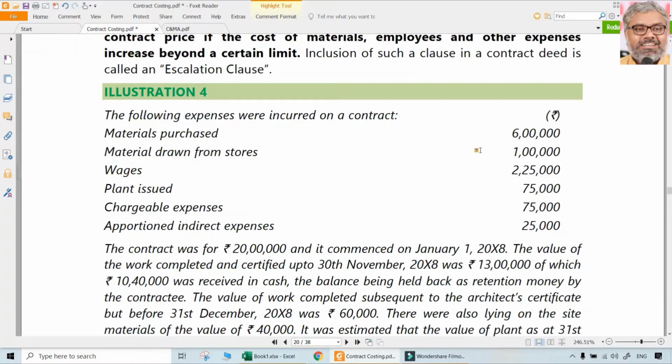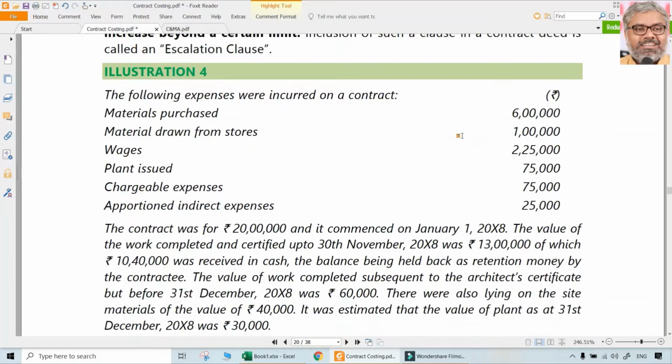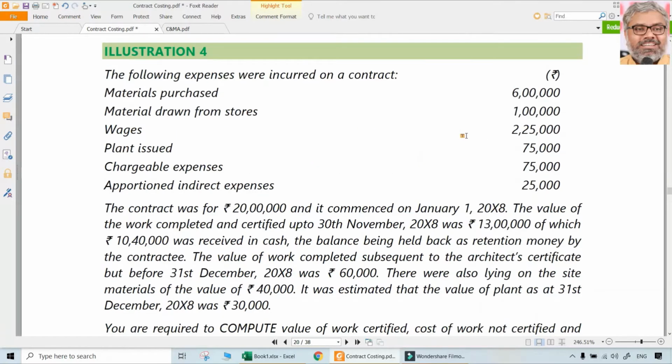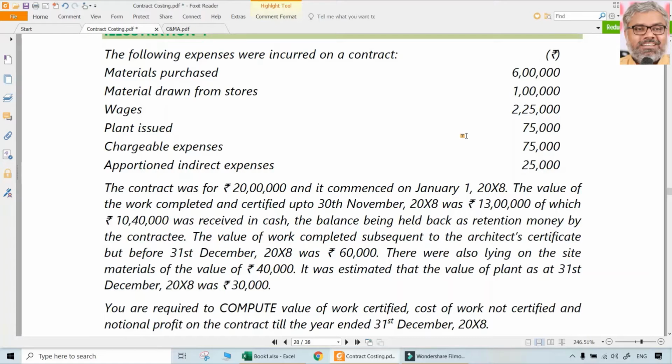That is cost plus contract. These are the two types of contract broadly, which is cost plus contract and fixed price contract. That is again for general conceptual understanding only, but actual problems from this chapter will be like this. Following expenses were incurred on a contract.